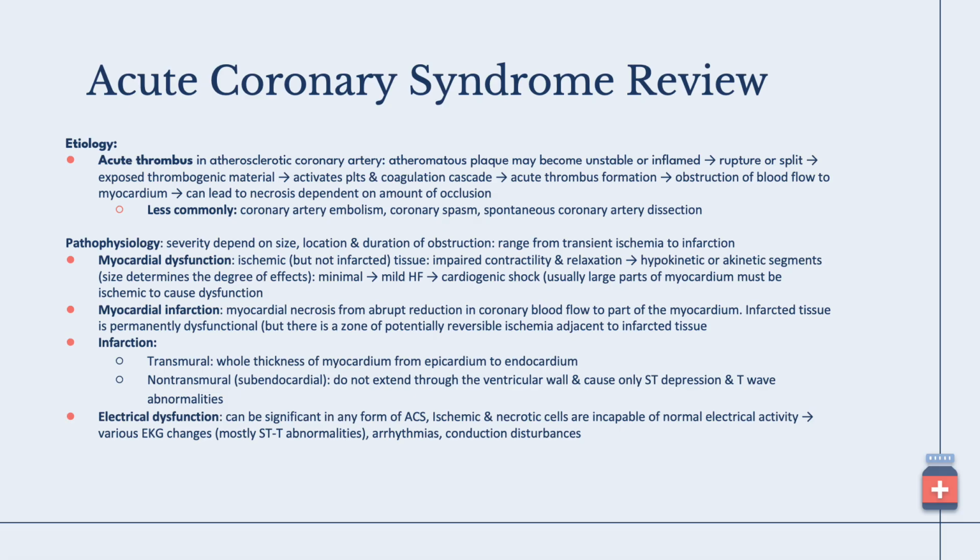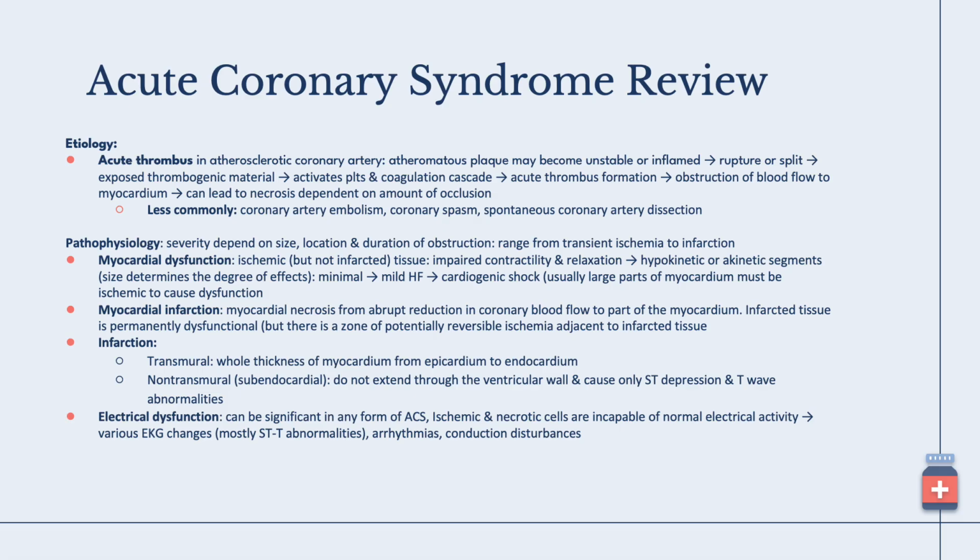And then infarction, again, the transmural versus the non-transmural, so our subendocardial. So the transmural is the whole thickness of the myocardium from the epicardium to the endocardium. And then the non-transmural, so the subendocardial, doesn't extend through the ventricular wall. And this is why we get that ST depression and T wave abnormalities.